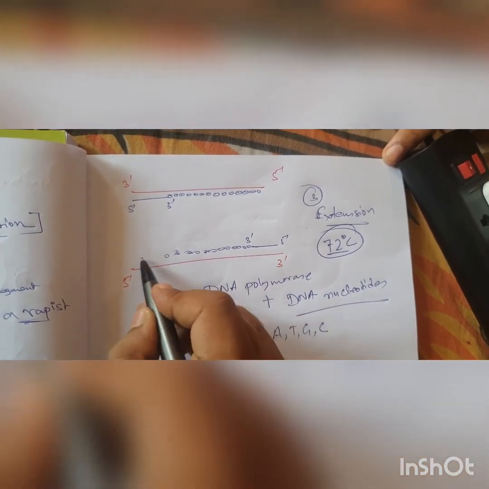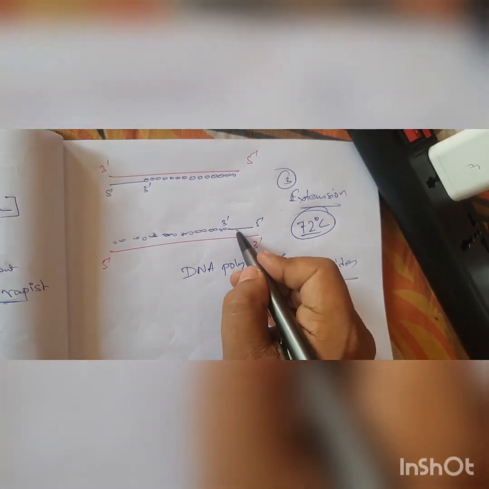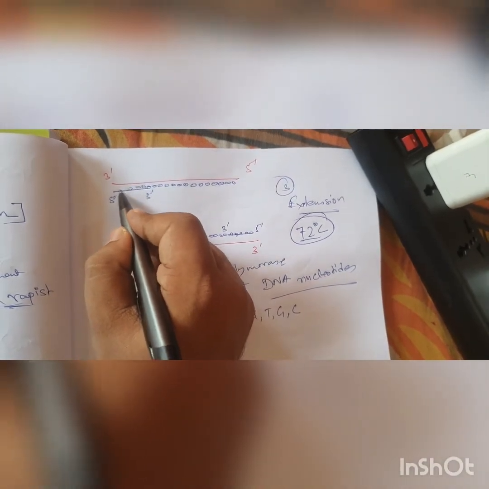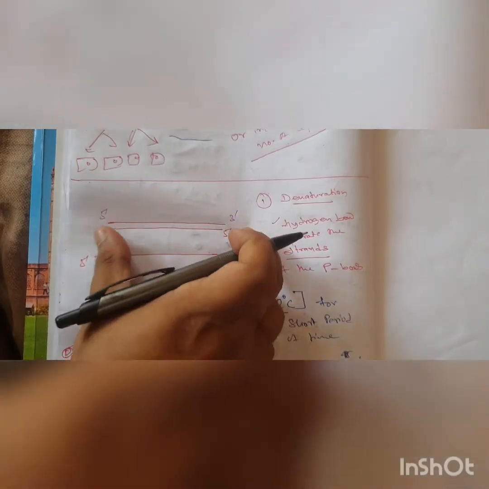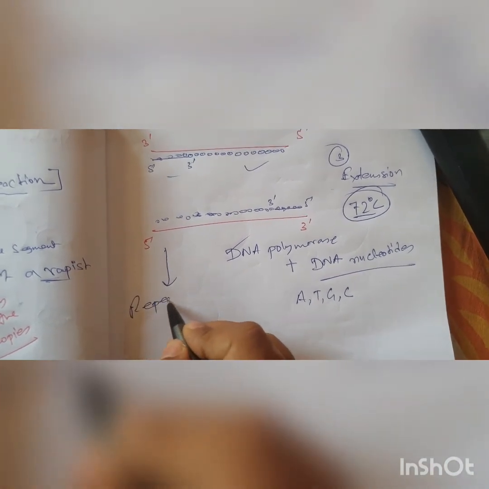Now you already know that DNA polymerase has a property to wipe out the primer and create its own strand. So that will also be done. So you get 2 new DNAs, which are just copies of the initial DNA. So the copy number increases. Repeat this cycle on and on.